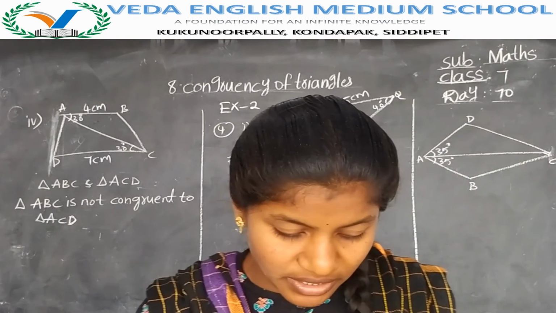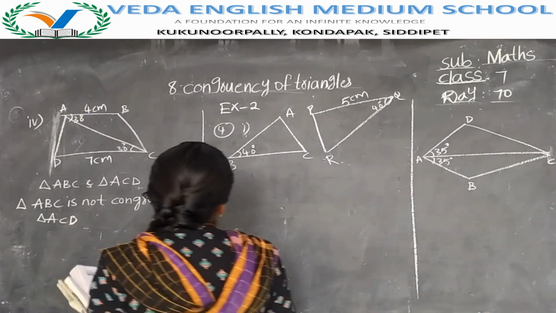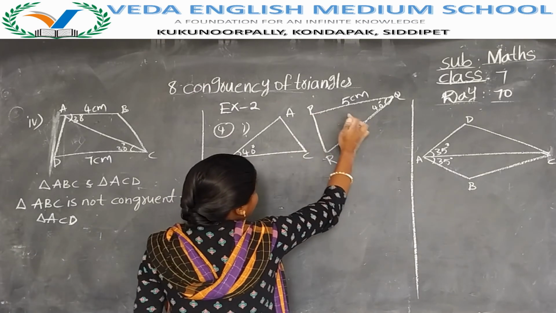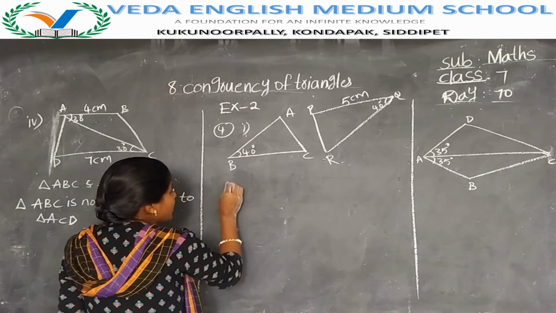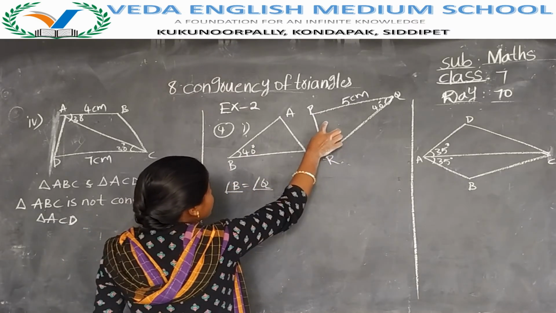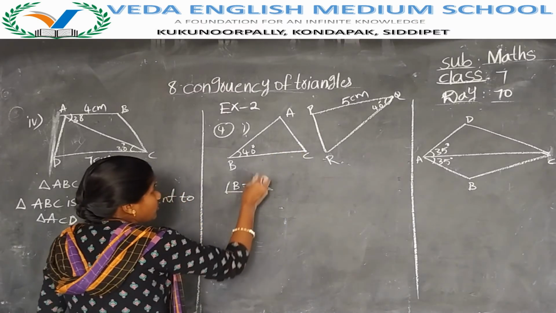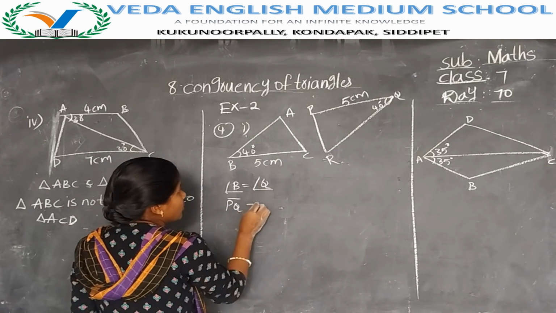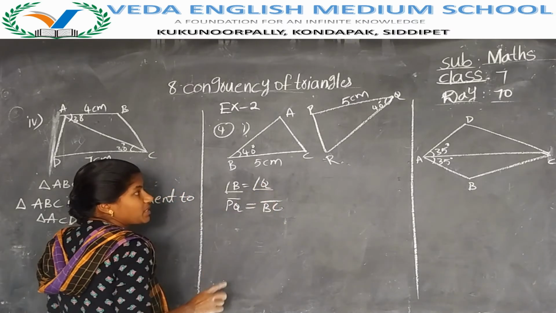Here you have to say that in triangles ABC and RPQ, angle B is equal to angle Q. And the line segment, they have given BC is equal to 5 centimeters. That means line segment PQ is equal to line segment BC. Then SAS rule means we need one more side.